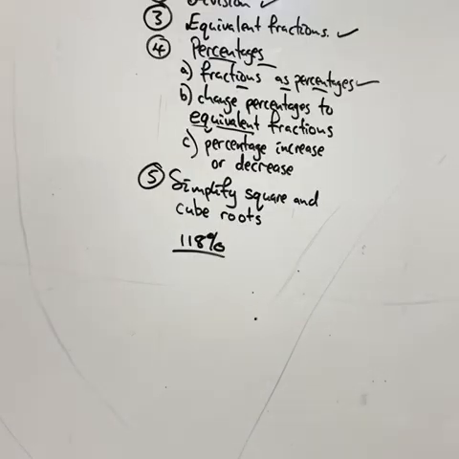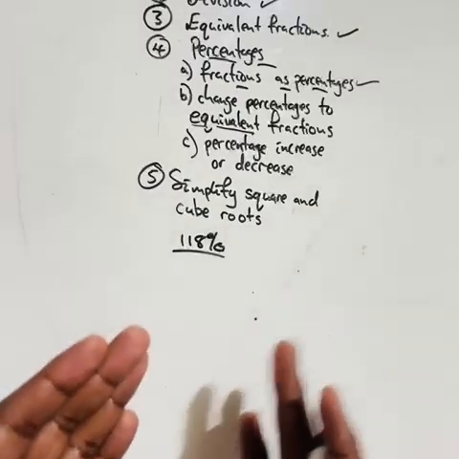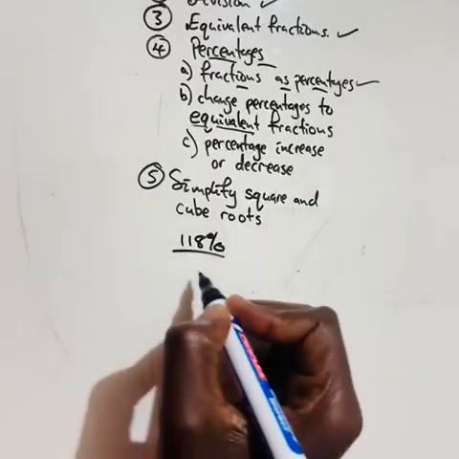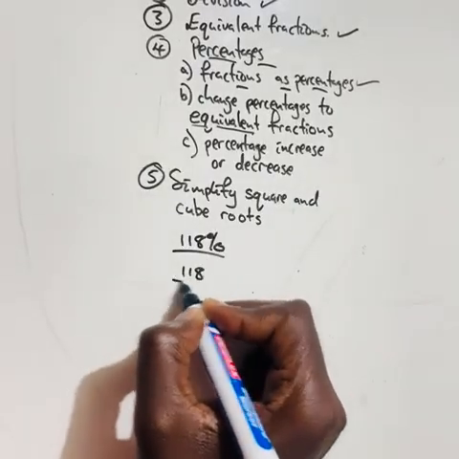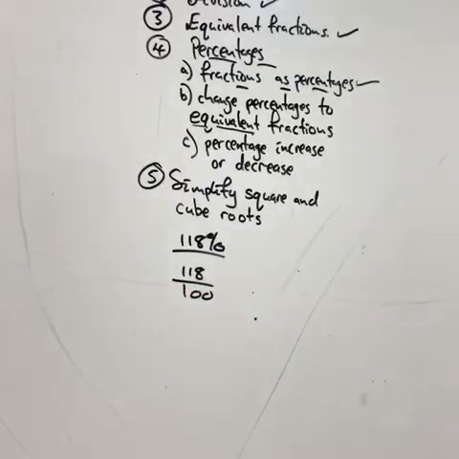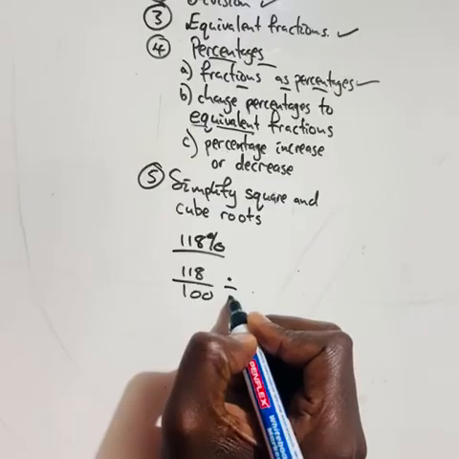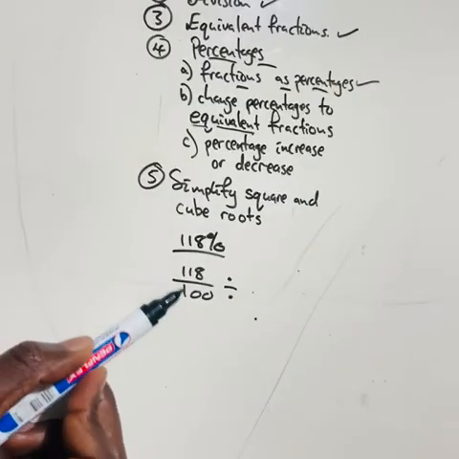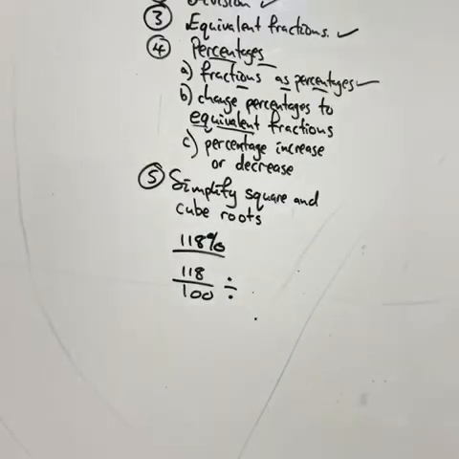We must find the alternative or the equivalent fraction. So first thing that I do, I say 118 over 100. Why? Because this symbol tells me everything is over 100. Now, what am I going to do next? I know that I'm going to divide. Why? Because there is a common number for 118 and 100. So right now, because these numbers are bigger, let me just use number 2.